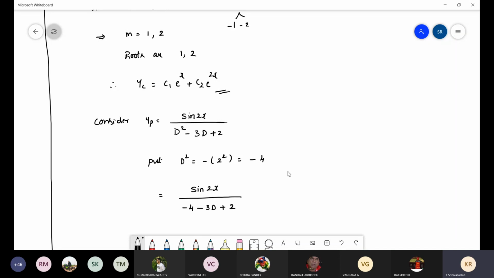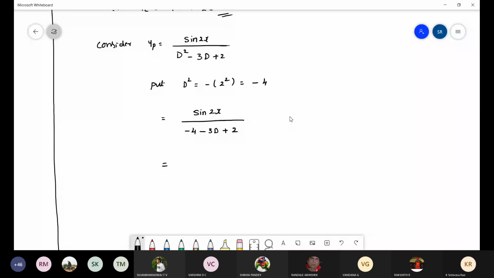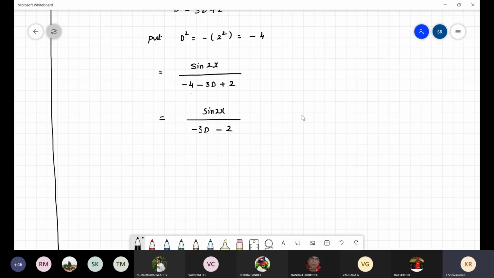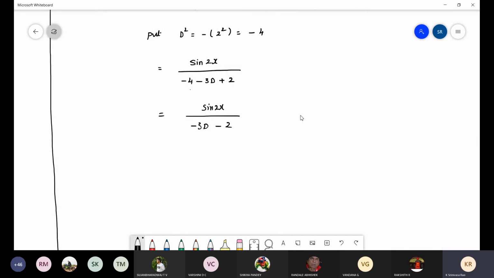Substitution only to d square. So this becomes sin 2x by minus 3d, I will write first, and minus 4 plus 2 is minus 2. You can take minus common, but no use, let it be as it is.